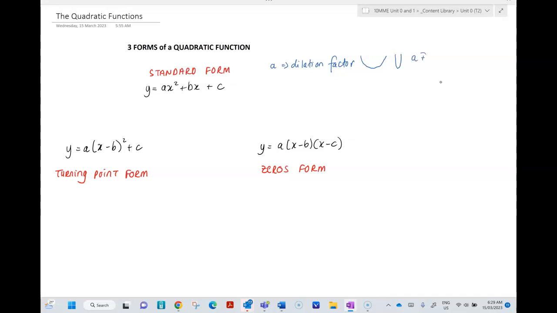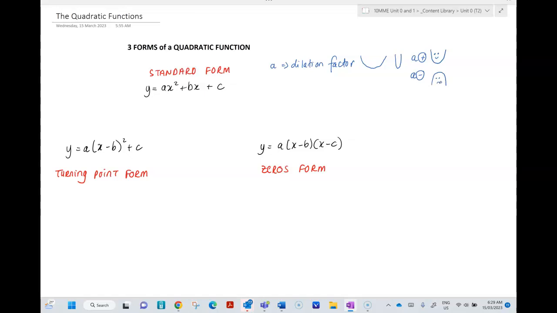If a is positive, then we have what we call a smiley face parabola. If a is negative, then it's an upside down parabola or frowny face parabola. Easy to remember. But it also has to do with the dilation of the parabola, as you will see later.